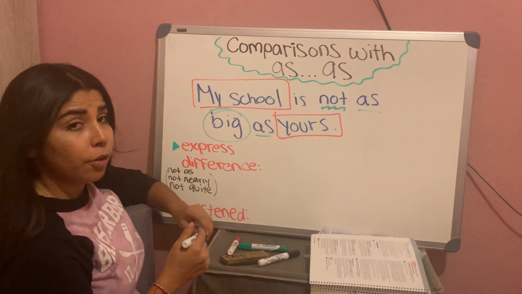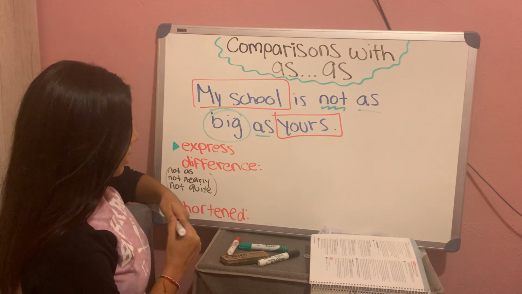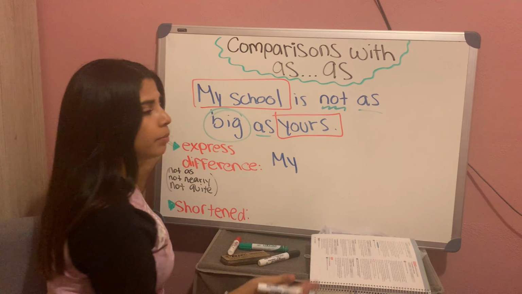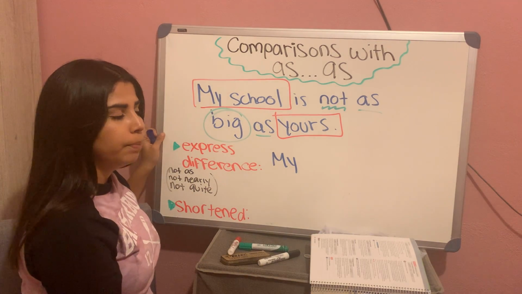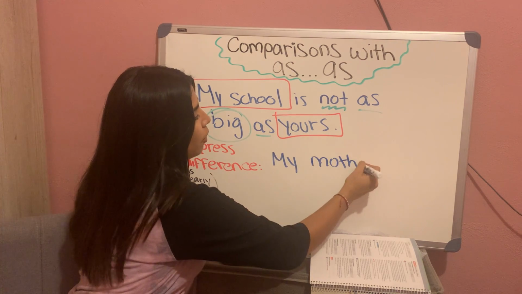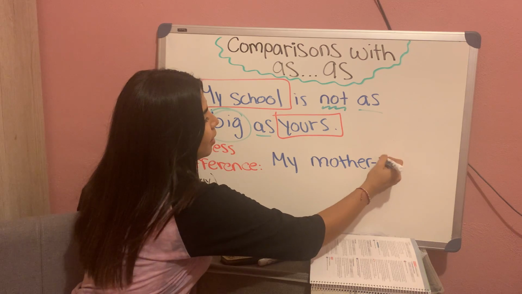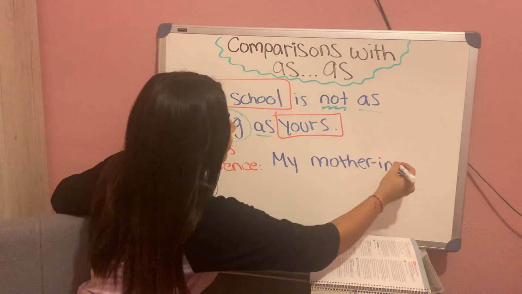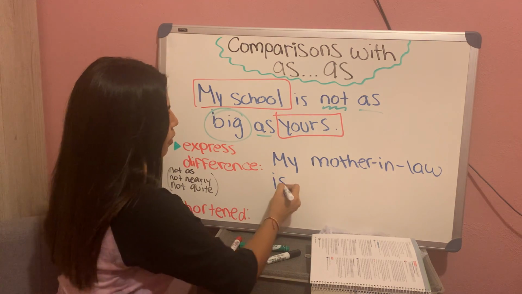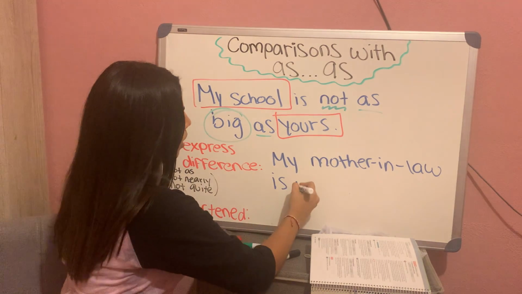I'm going to make another example. I can say my mother-in-law. Do you know what mother-in-law is? Mother-in-law is suegra. Mother-in-law is, verb to be. What is next?